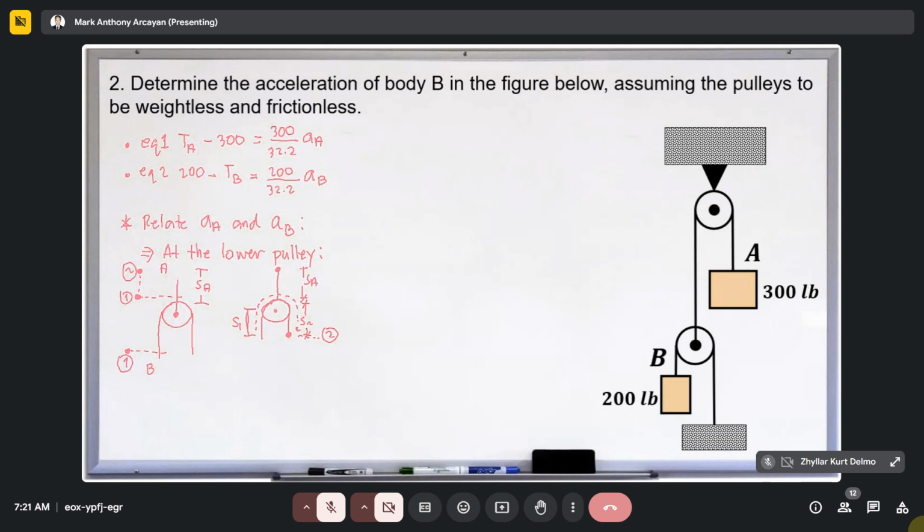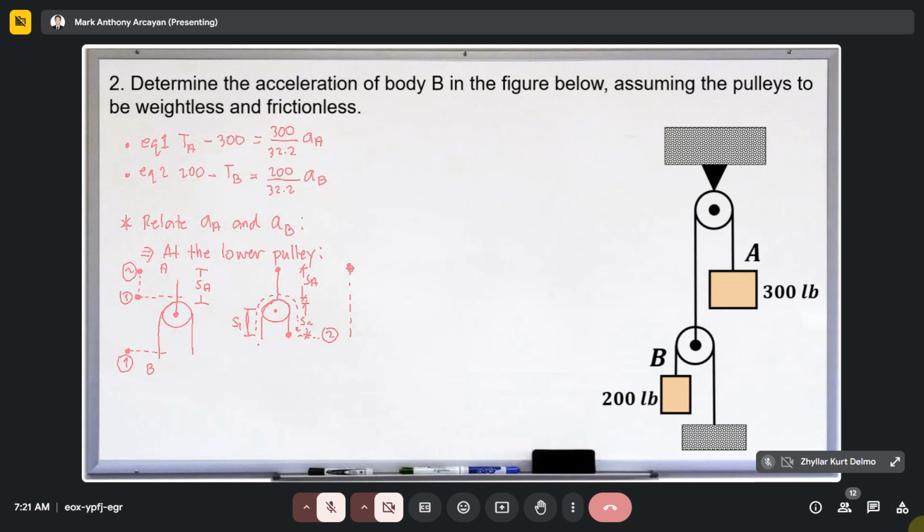Take note that the pulley is rigid, and at the same time, we'll assume that this one is also rigid. Therefore, ang linear displacement ani nga system are the same. No, the same siya for both this upper rope and this lower rope.